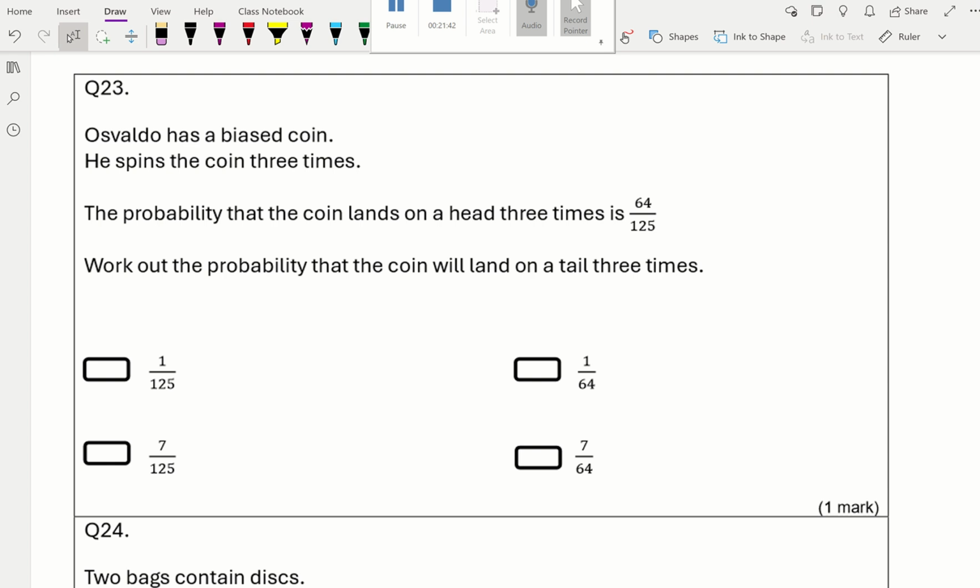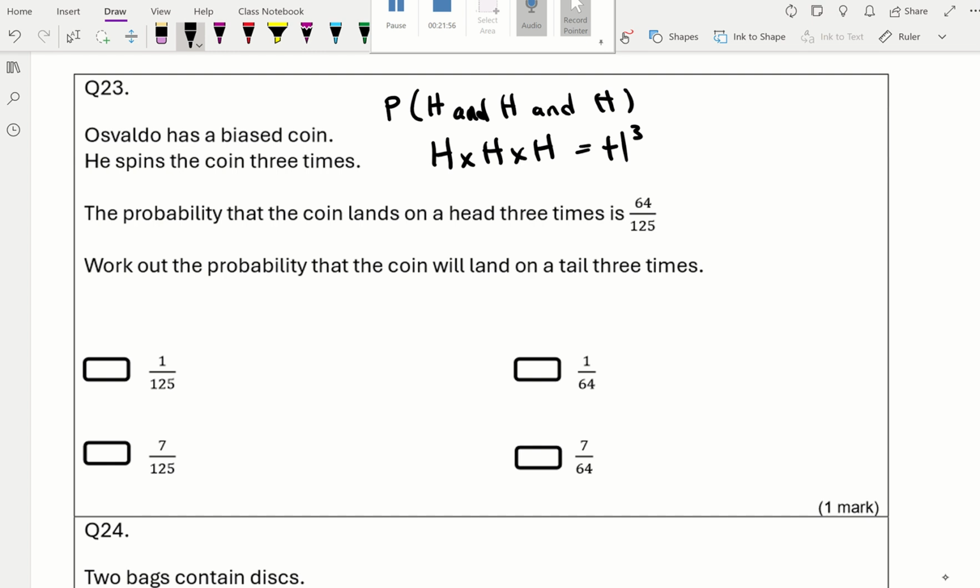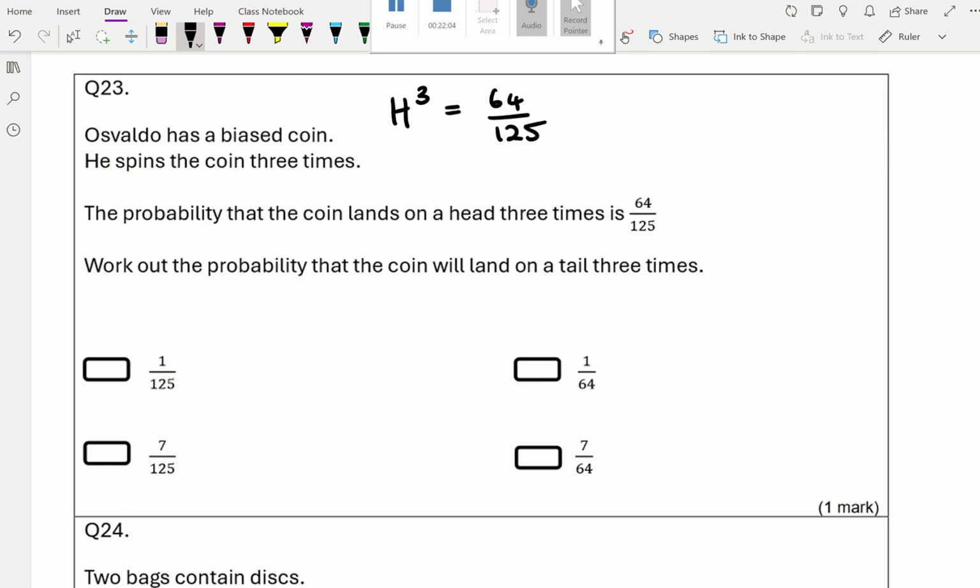Well, the probability of landing on heads 3 times is the probability of heads and heads and heads. That means heads times heads times heads, which is really heads cubed. So how can I find the probability of just a head? Heads cubed is 64 over 125.